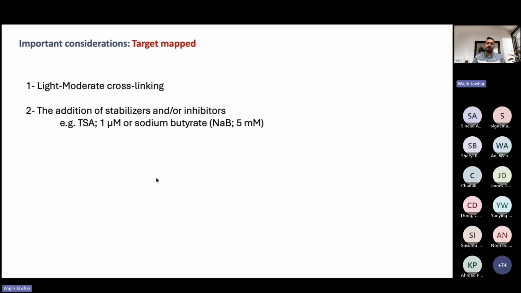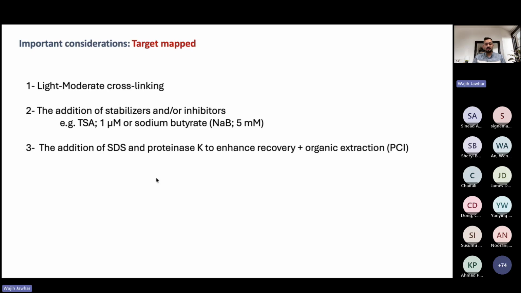And then also, again, depending on your target mapped, for example, for labile marks like K27 acetylation or K9 acetylation, the addition of stabilizers in your buffers could help. So you can add TSA or sodium butyrate, for example. And thirdly, the addition of SDS and proteinase K significantly enhances recovery, especially when you're working with transcription factors or anything else that's lowly abundant on chromatin or on DNA.